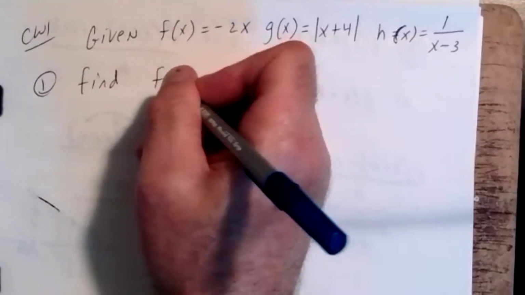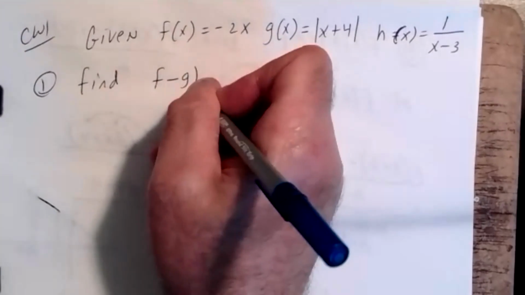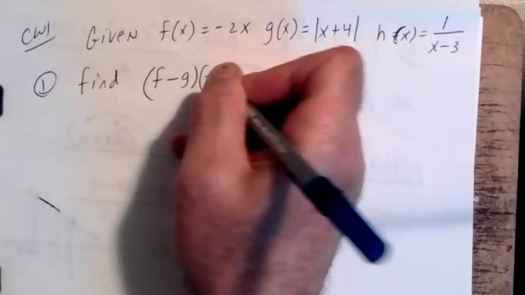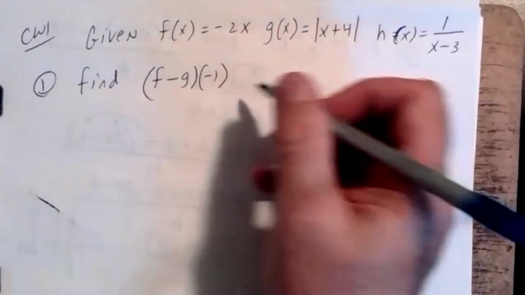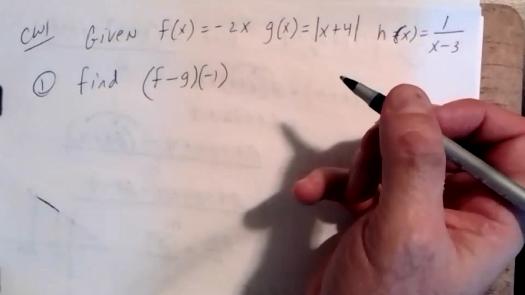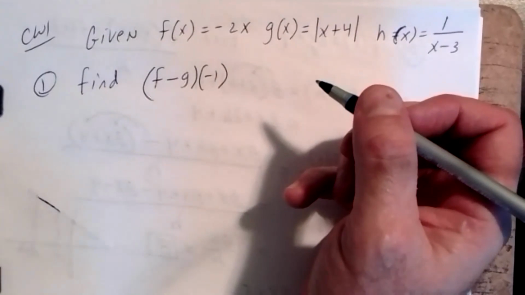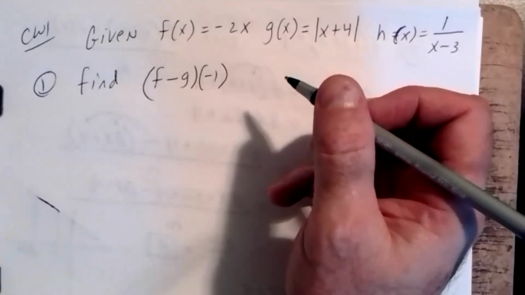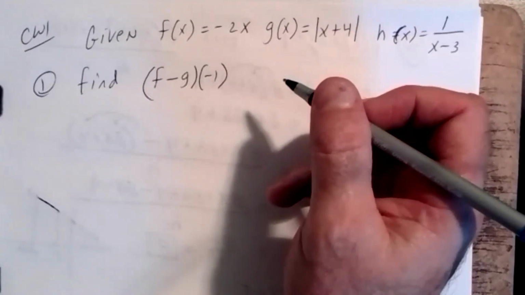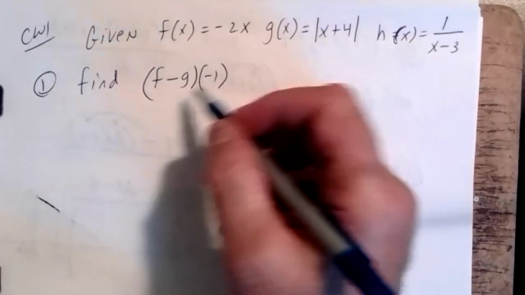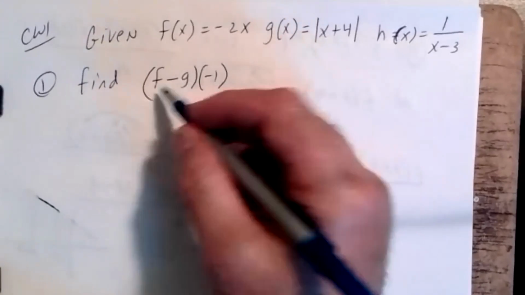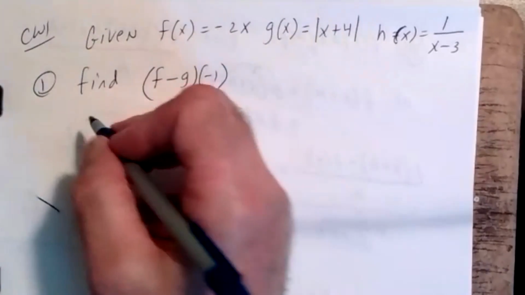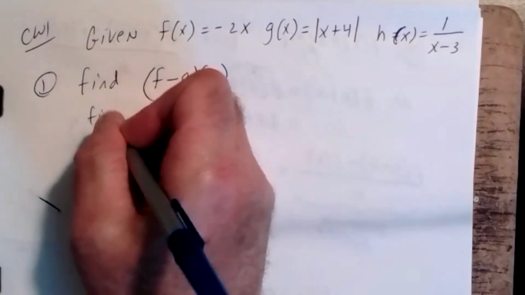I want you to find this difference function, f minus g of -1, and evaluate it at -1. Well, what does that mean? First of all, you got to find the difference function for f and g. I'll give you a hint.